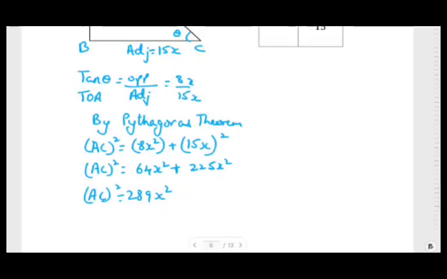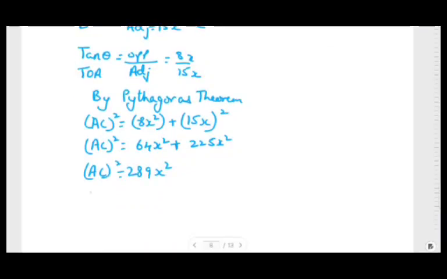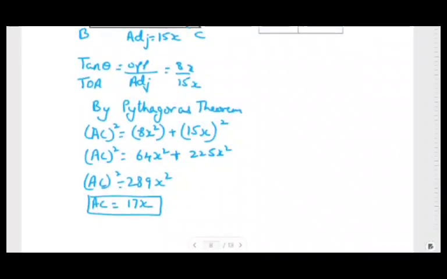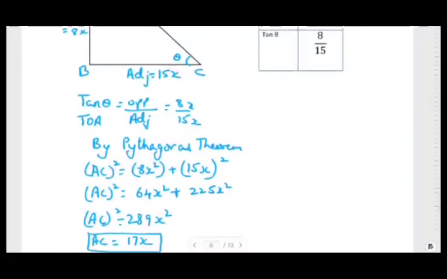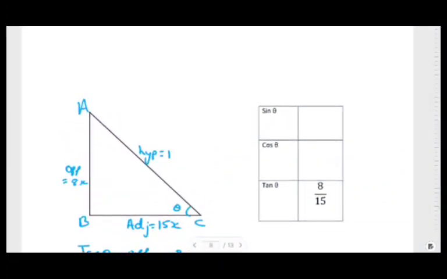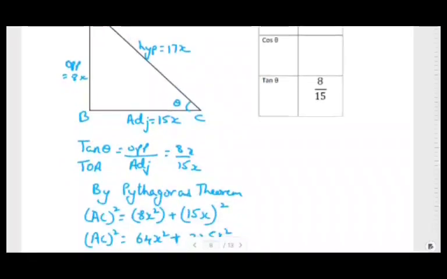So 289, it's 17. Yes, AC is equal to 17x. Children, learn all your square numbers from 1 to 30. See, calculation becomes easier. So AC is my hypotenuse, which is 17x.